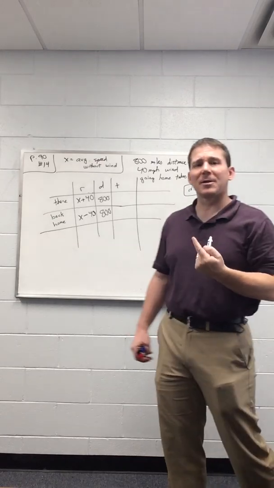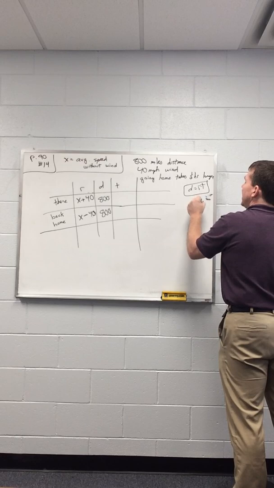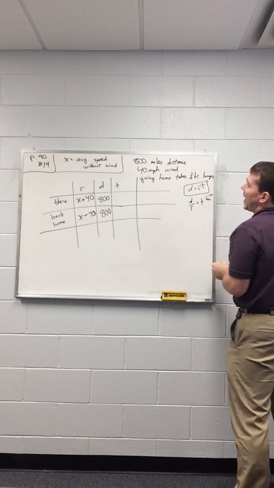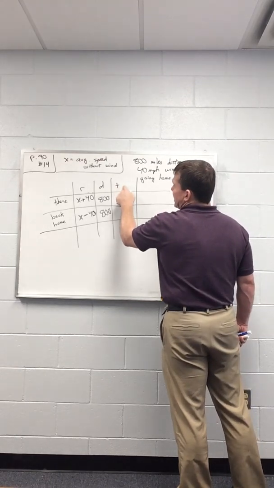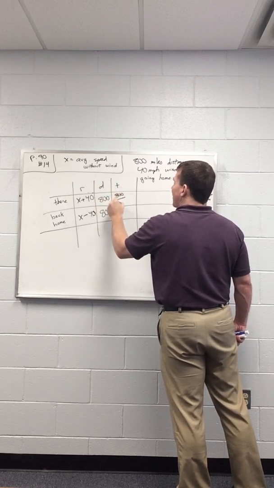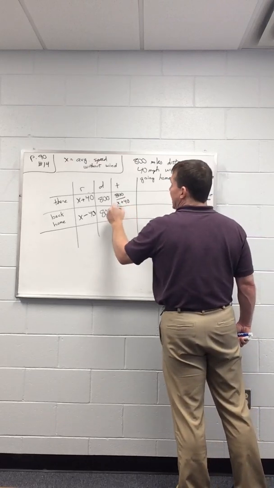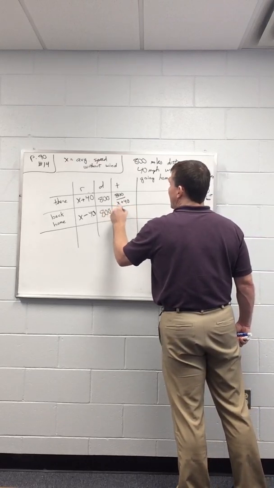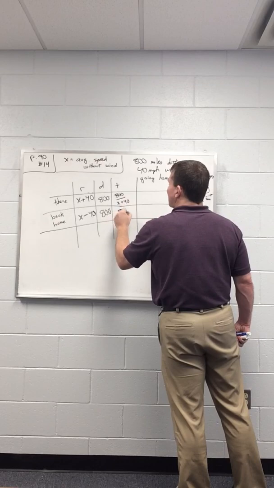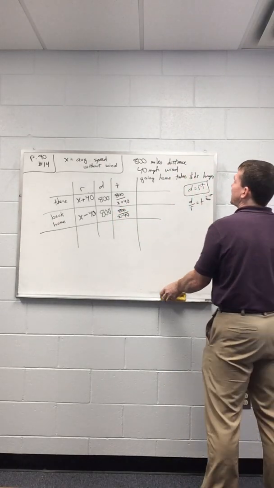Earlier in the semester, we talked about solving equations for one of the variables. Solve this variable for t. T equals d over r. So in this case, t is equal to d, 800, over r, x plus 40. Here, t is equal to distance, 800, over x minus 40. And now I have my times.